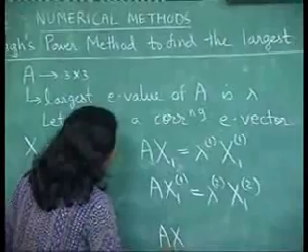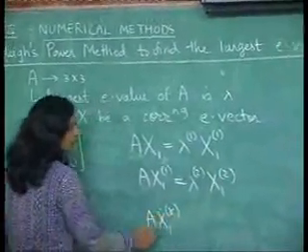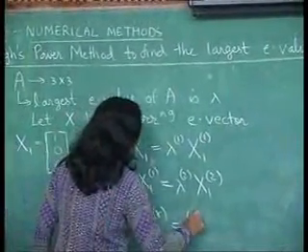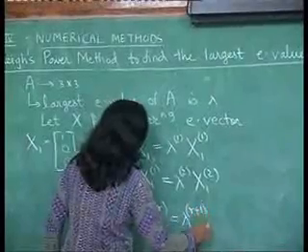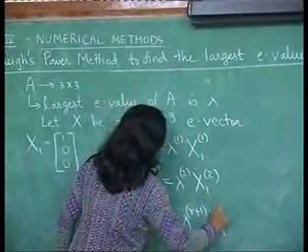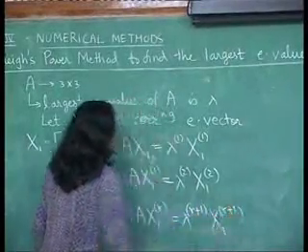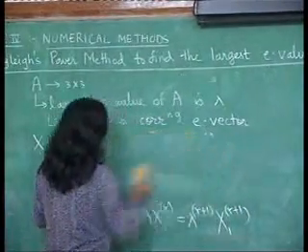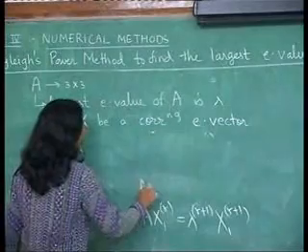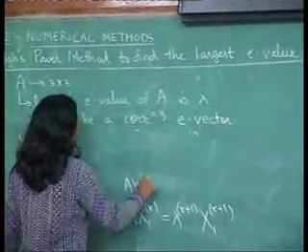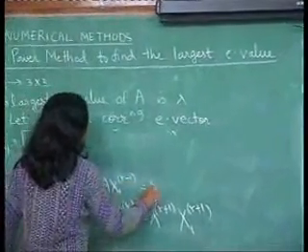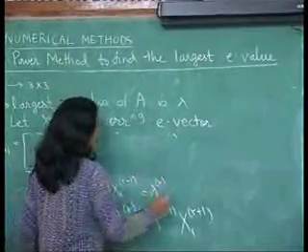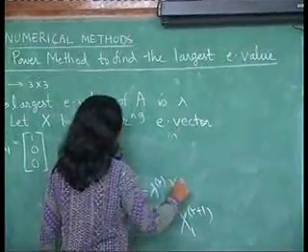I will get the r-th approximation, and prior to this the step will be A x1 raised to r minus 1 equal to lambda raised to r x1 raised to r.